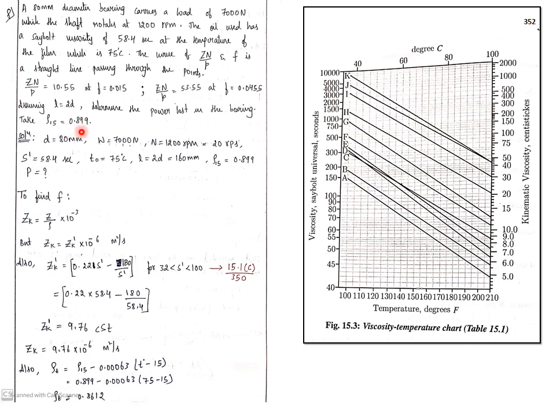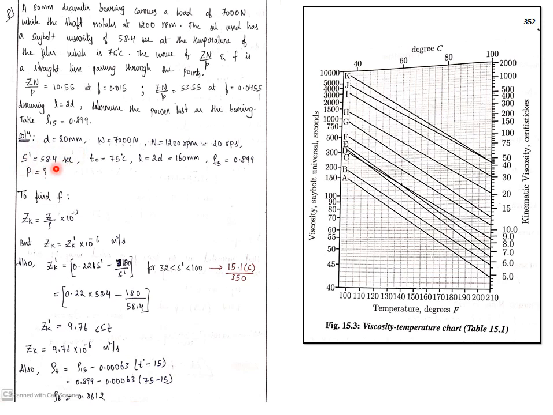So this is a different problem where the viscosity is given in terms of seconds. Let's see how to solve it. First, write down the given terms: diameter, load, speed, and viscosity, which is S dash because it is in terms of seconds.